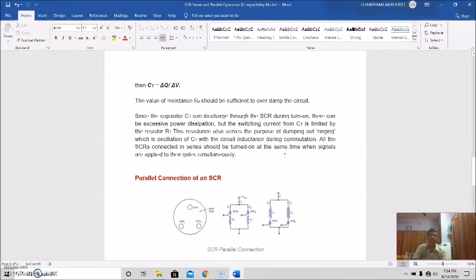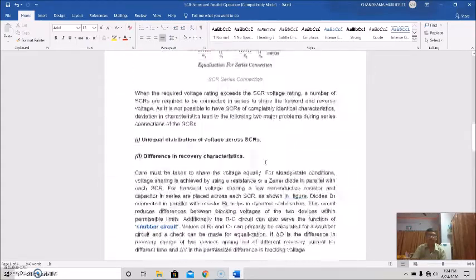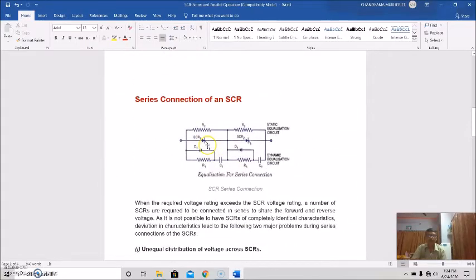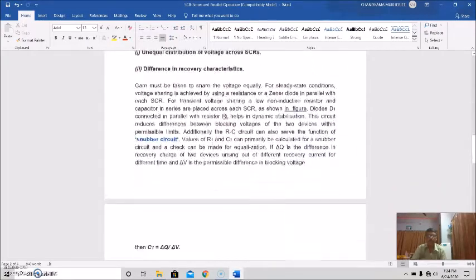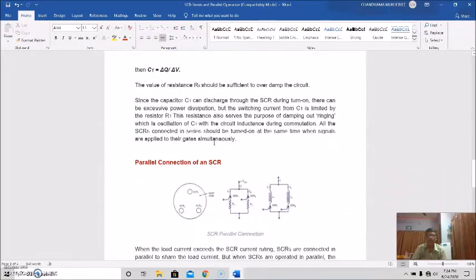So all the SCRs connected in series should be turned on at the same time when signals are applied to their gates simultaneously. You must apply the gate signals to both SCRs simultaneously to meet the purpose.